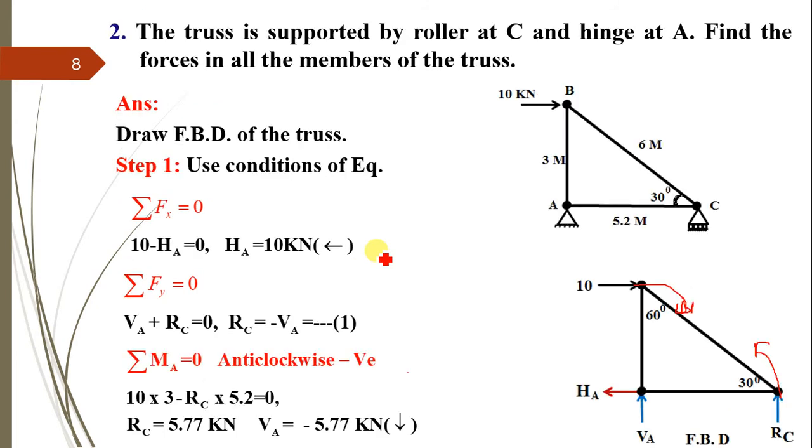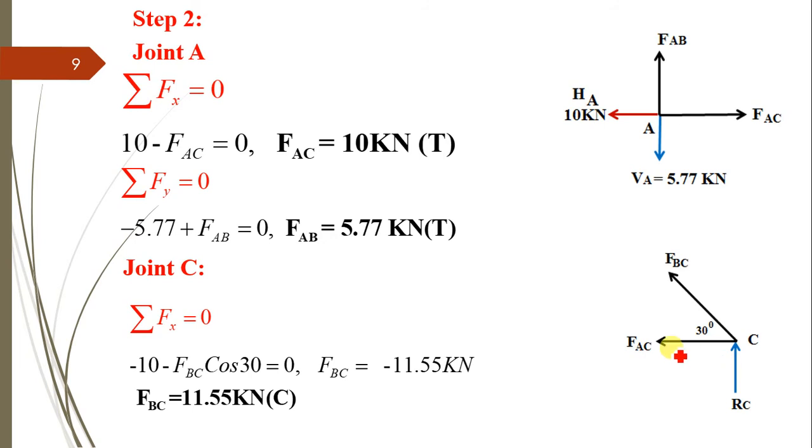Then taking joint C, there are two members, AC and BC, and one vertical reaction. So here FAC, FBC and RC, and the force BC is resolved into horizontal and vertical components.